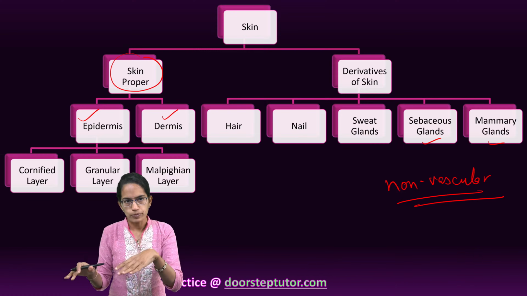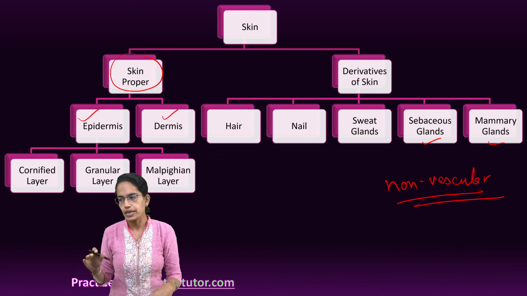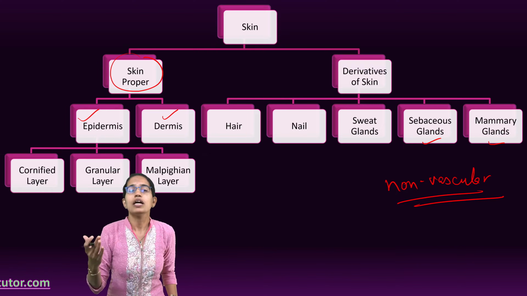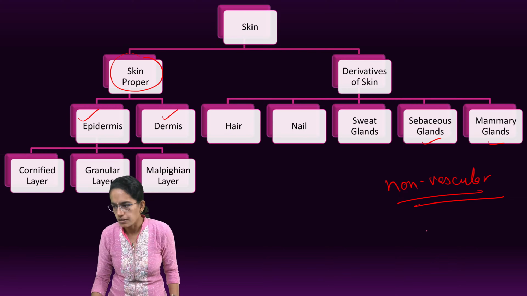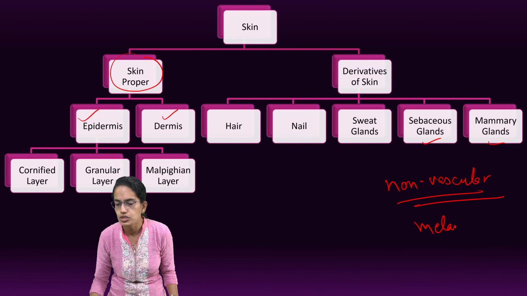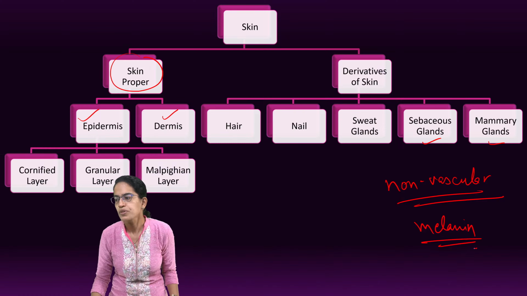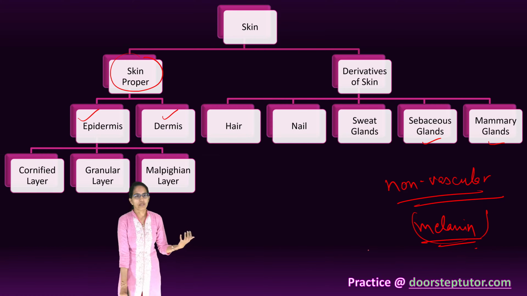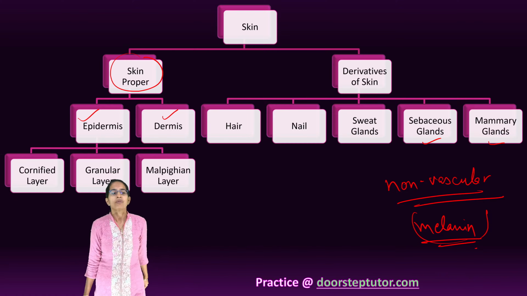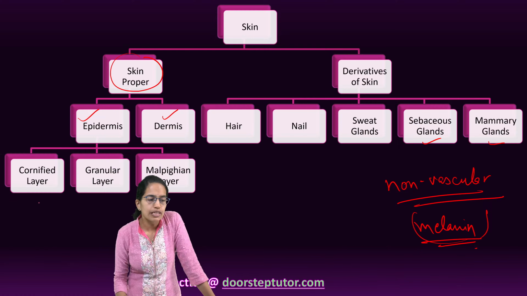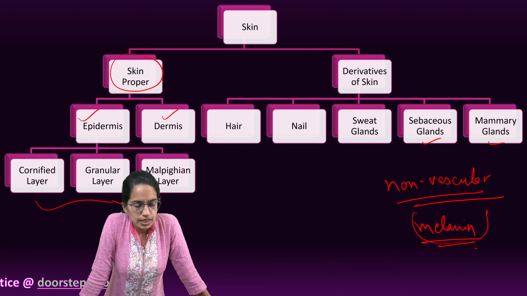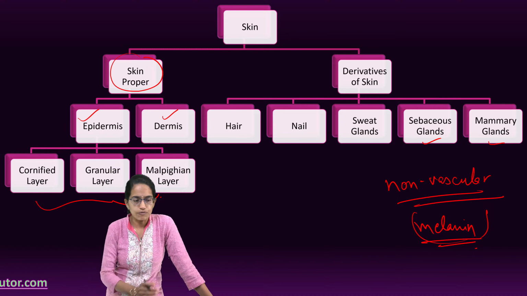It is the topmost layer that protects the body from any germs, any fungi, any bacteria that could accumulate onto the surface. Also, melanin, which is the pigmentation, is present in this layer. Another important function of the epidermis is to protect the internal organs of the body.